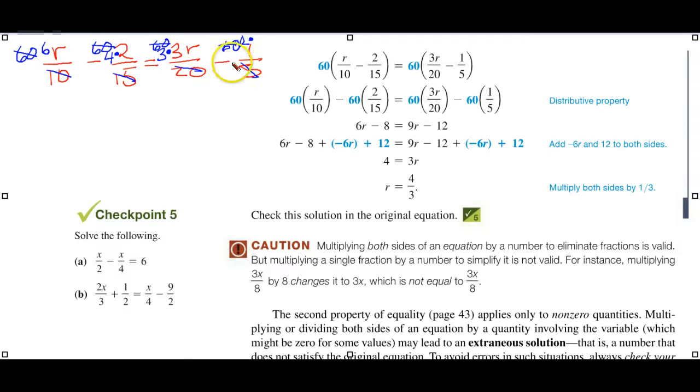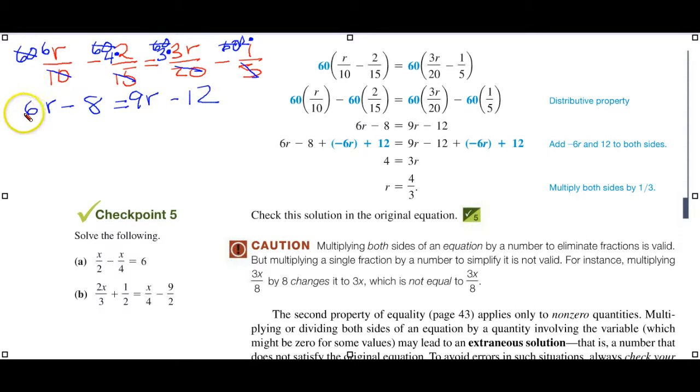Now, we don't have fractions anymore, but we need to complete our top process. So we get 6r here. Now there's a minus. 4 times 2 is -8. 3 times 3r is 9r. And then here we get a 12 times 1 is 12. So again, looking at the original and comparing it to what we have now, it's much easier to solve.